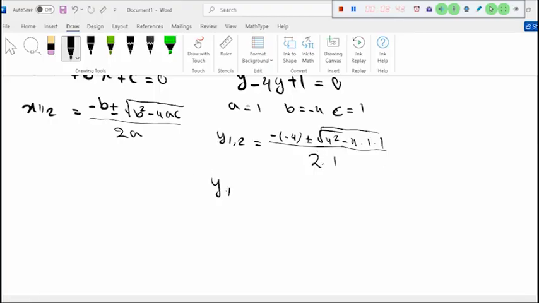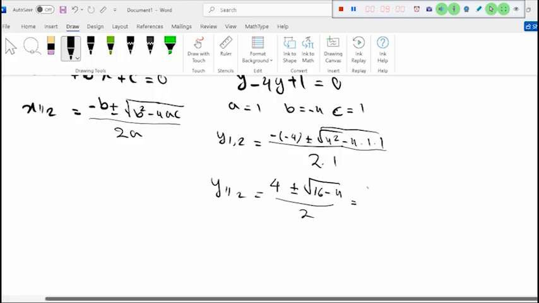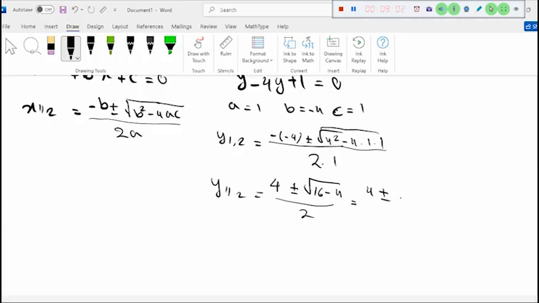So y1,2 equals 4 plus and minus the square root of 16 − 4 over 2. Then we can write 4 plus and minus the square root of 12 over 2. Instead of 12 we can write 4 multiplied by 3. 4 times 3 is 12.